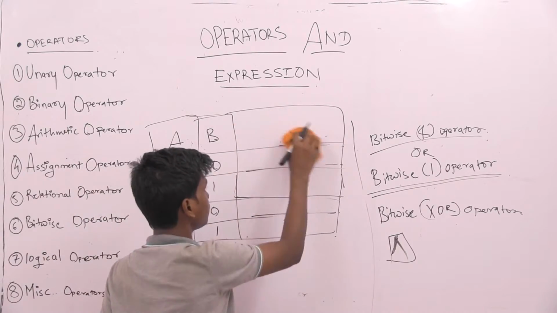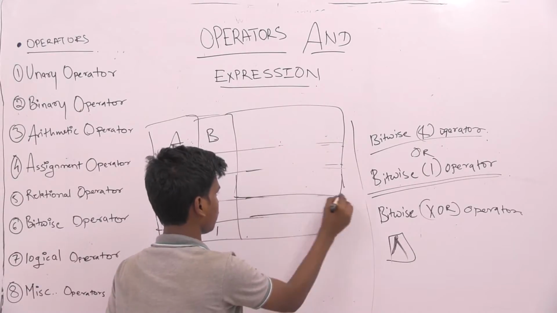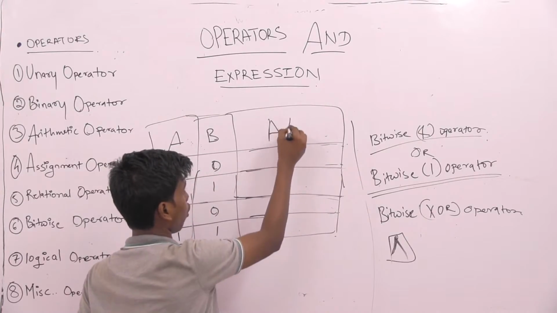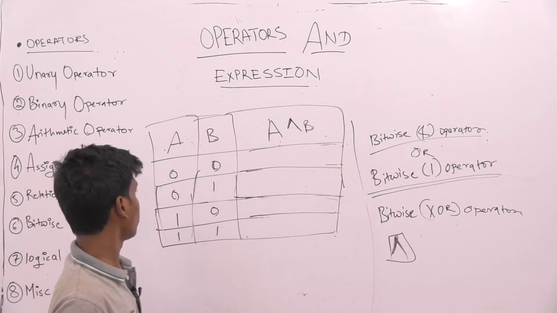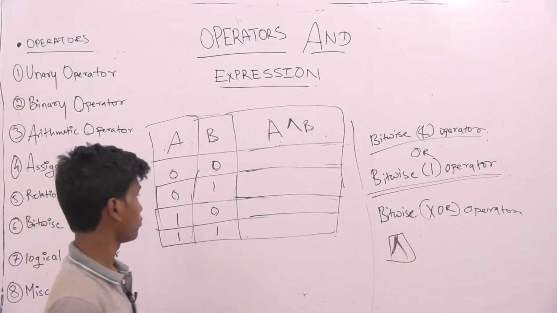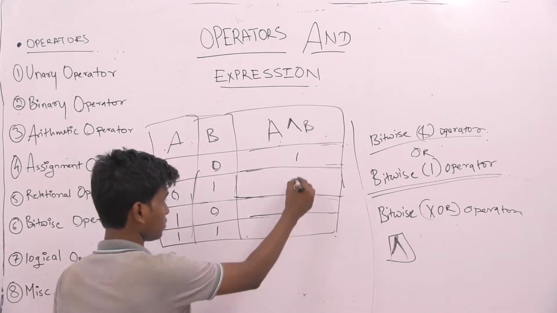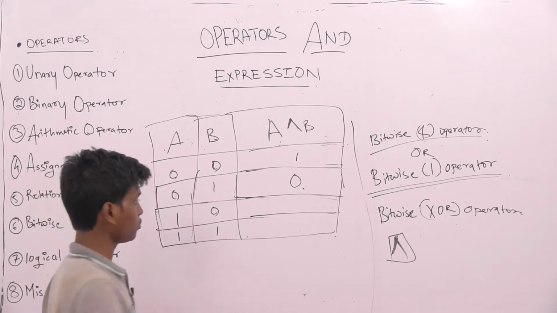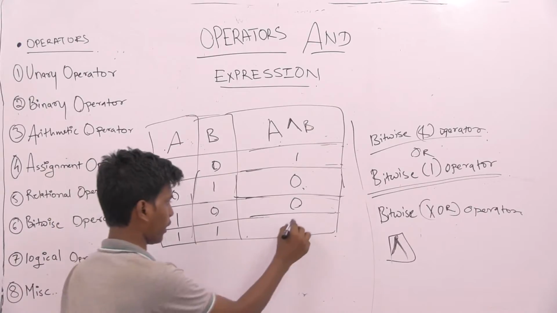Let's write here. A XOR B. So 0 and 0 gives 0, 0 and 1 gives 1, 1 and 0 gives 1, and 1 XOR 1 gives 0.